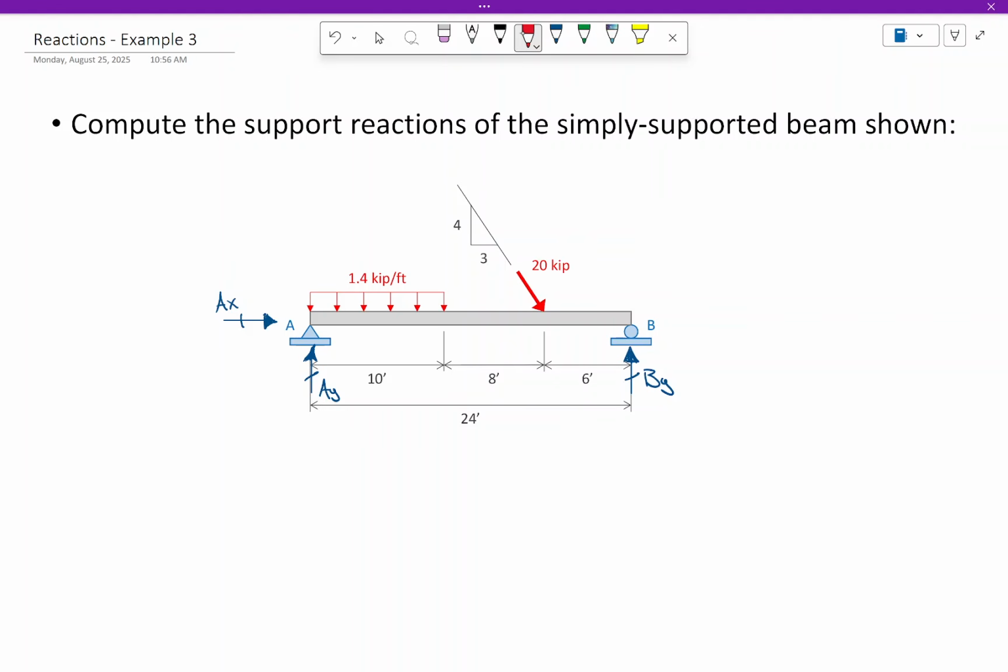Okay. All right. So before we deal with this inclined load, let's deal with the stuff we're familiar with. Somebody tell me what we ought to do with this right here. What do we do here? Make it a point load. What is the magnitude of that point load? 14. 14 kips. So we'll put that.